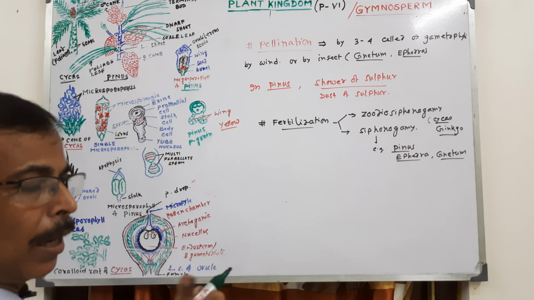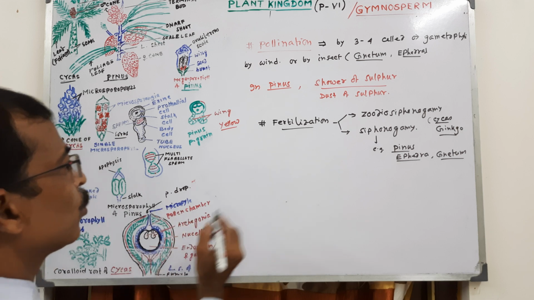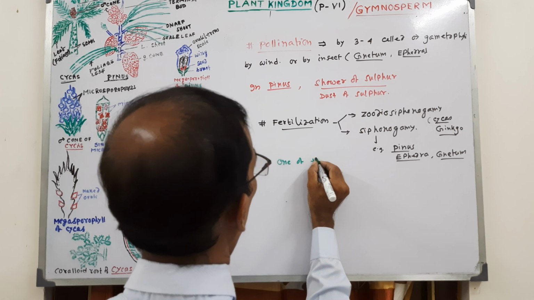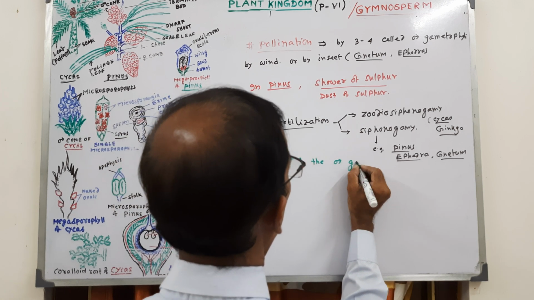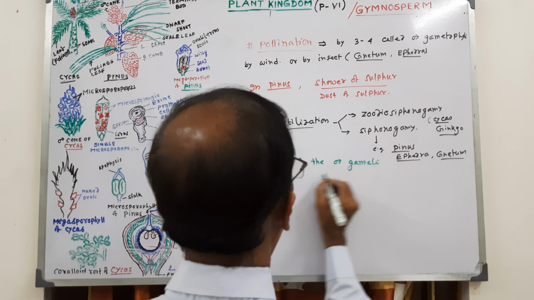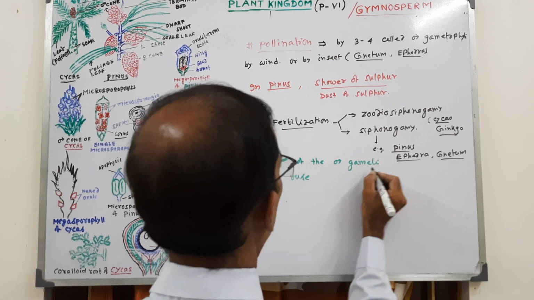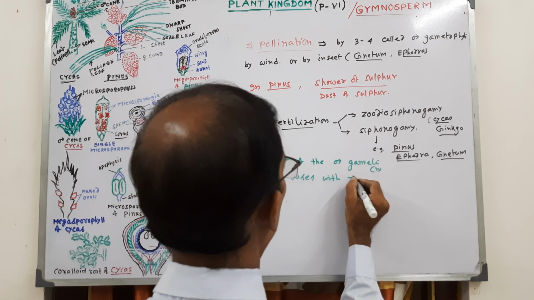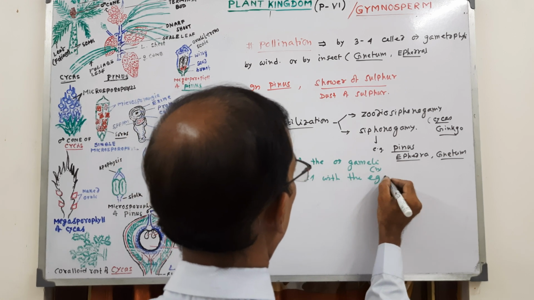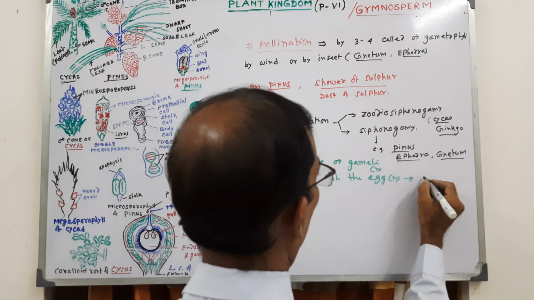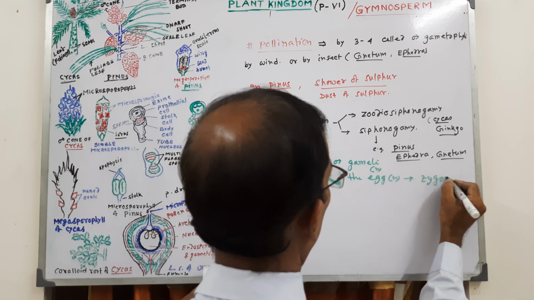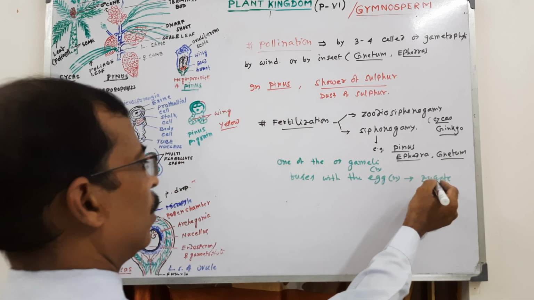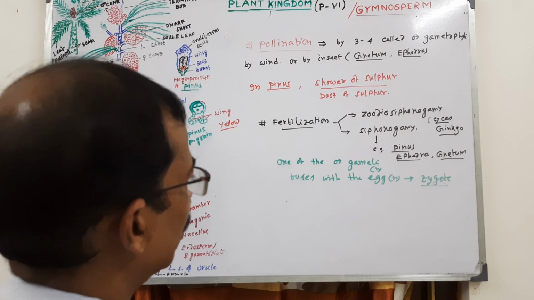Ultimately one of the male gametes fuses with the egg, haploid in number, leading to the formation of a zygote. It is the first cell of the diploid stage or sporophytic generation.